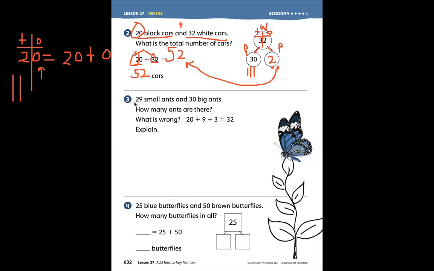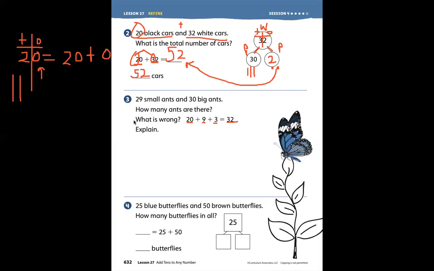Problem number 3 says 29 small ants and 30 big ants. How many ants are there? What is wrong? Here it says 20 plus 9 plus 3 equals 32. First things first, let's go back to the story problem.